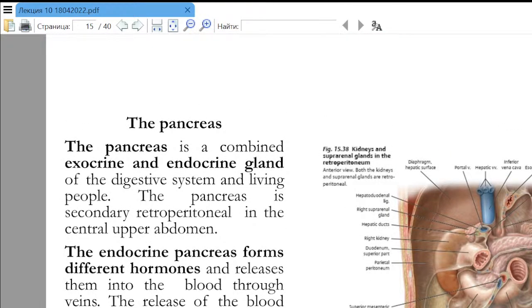The pancreas, the next endocrine gland. The pancreas is a combined exocrine and endocrine gland of the digestive system, located secondarily retroperitoneally in the central upper abdomen.